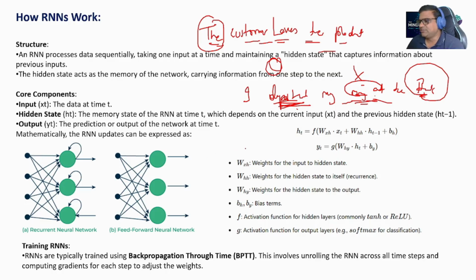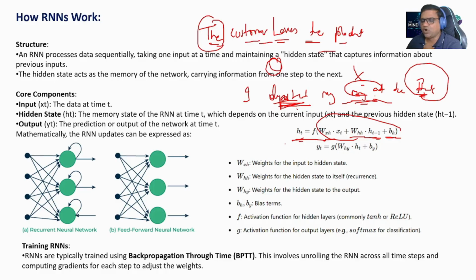Then some mathematics here. h_t equals f of something. Don't worry about the symbols or the notations. The equation simply says that the new memory equals the current input plus the previous memory, h_(t-1), plus some learned weights combined together as a function to generate the current predicted value.